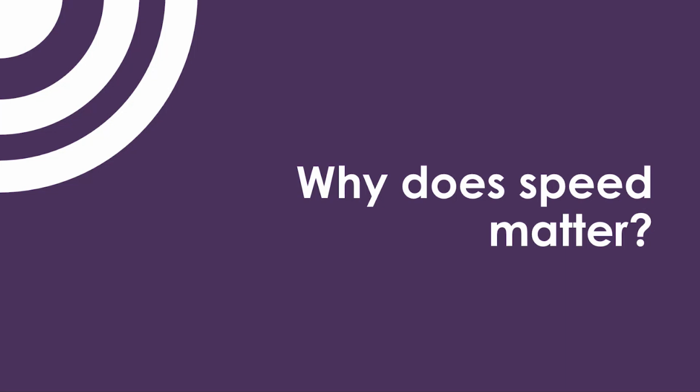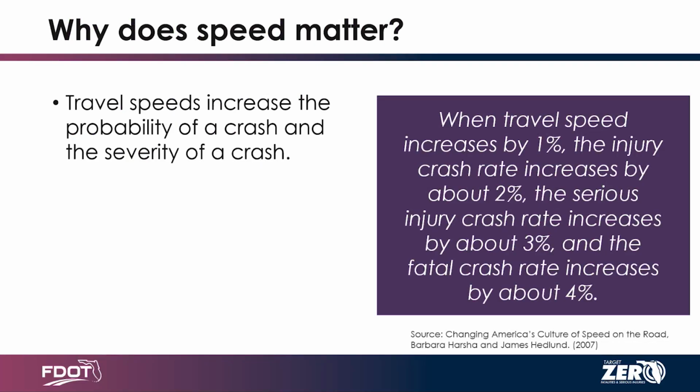So why does speed matter so much? To begin with, it drastically increases the severity of a crash if it happens, and the probability. When travel speed increases by 1%, the injury crash rate increases by 2%, the serious injury crash rate by 3%, and the fatal crash rate increases by about 4%.